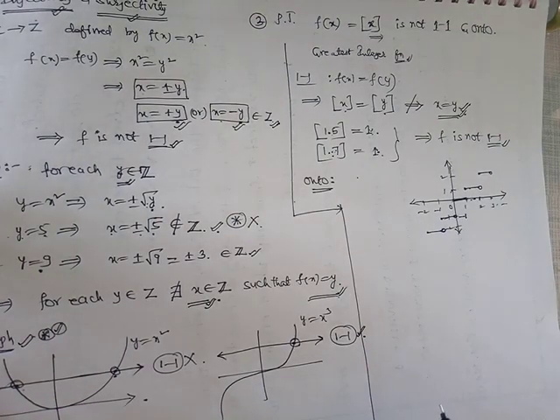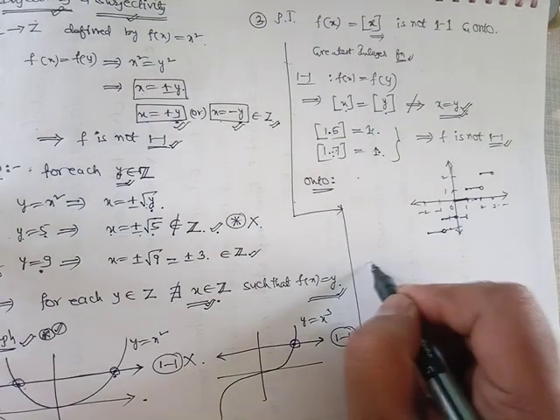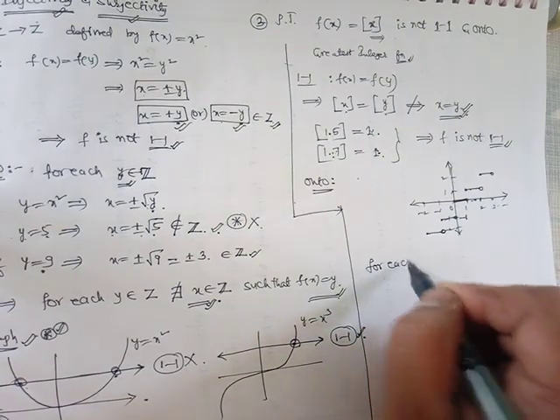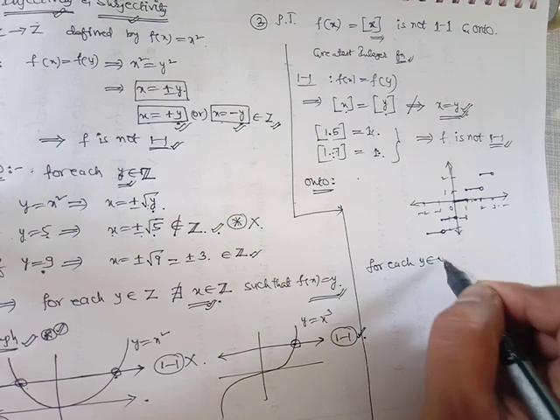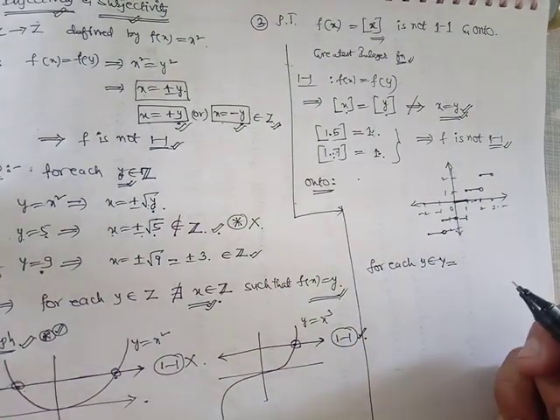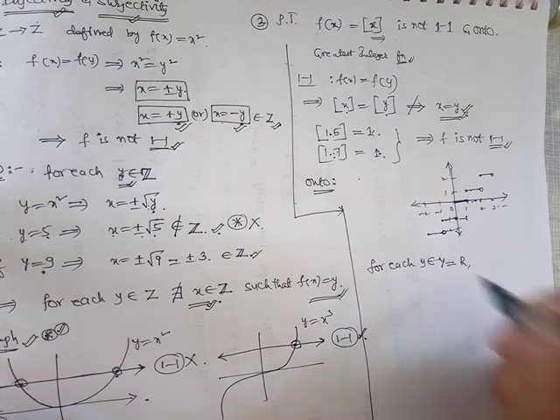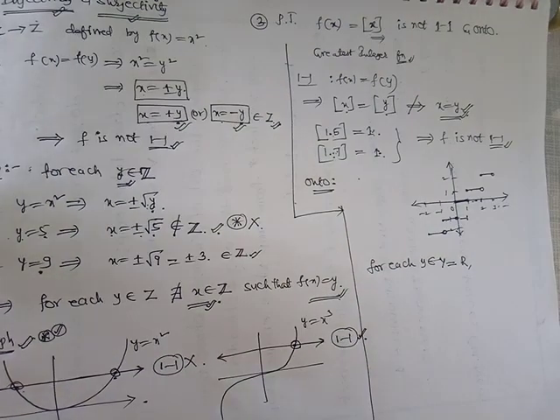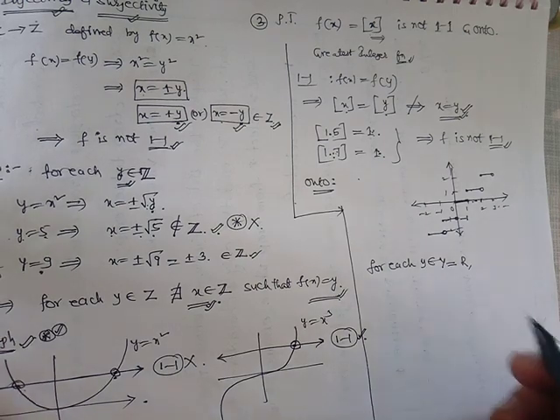And can we say it is onto or not? By the definition, for each y belonging to Y, where Y is nothing but R here. Now we'll see.